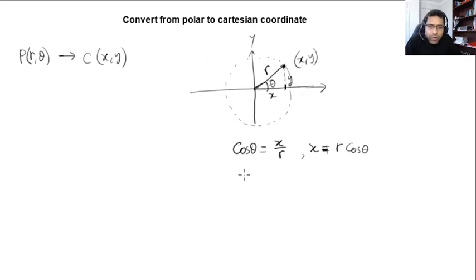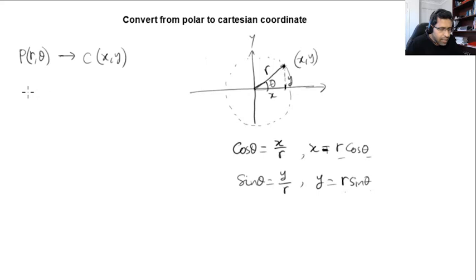In the same way, sine theta is opposite over hypotenuse, so y over r, and if I rearrange it, y equals r sine theta. So if r and theta are given, I can apply these formulas to get x and y. By looking at this diagram we can make the relation between x, r and theta, and y, r and theta, and use it to convert.